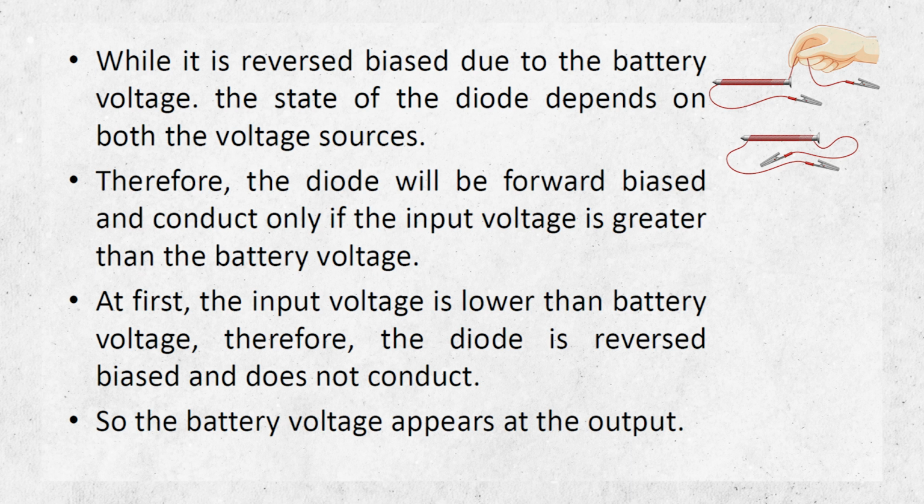While it is reverse biased due to the battery voltage, the state of the diode depends on both the voltage sources. Therefore, the diode will be forward biased and conduct only if the input voltage is greater than the battery voltage. At first, the input voltage is lower than the battery voltage, therefore the diode is reverse biased and does not conduct. So, the battery voltage appears at the output.